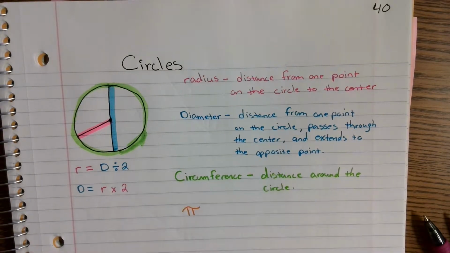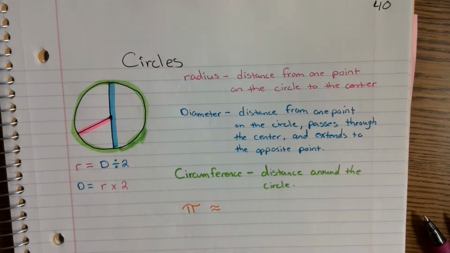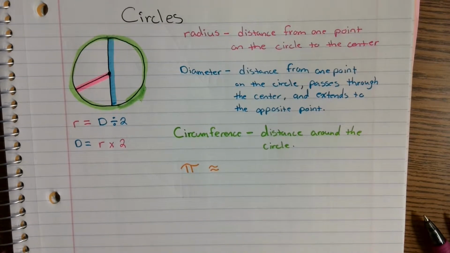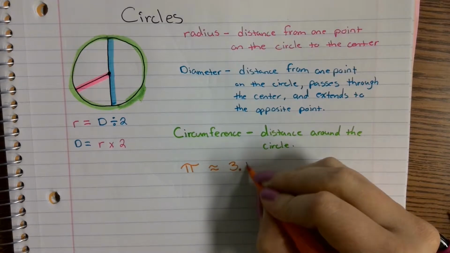And then last but not least, the thing that you need to make sure you know is the measurement of pi. We use an approximation because pi is one of those irrational numbers. It has no stopping point. It goes on forever and ever. It has absolutely no pattern, no repetition. We do not know what its final value is because it doesn't have a final value. There are some computers that can compute it up to millions of digits long, but we only use the finite version of 3.14.